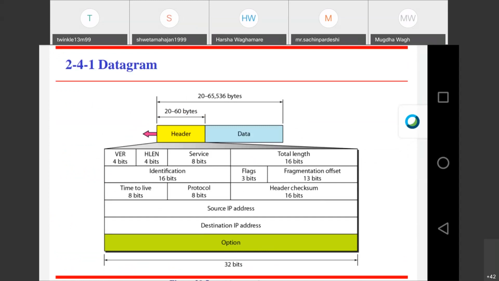The major roles and responsibilities of the network layer are routing and addressing. The addressing part we have seen, like the IPv4 address and the IPv6 address, which is used to identify the destination and the source machine. The other responsibility is routing.